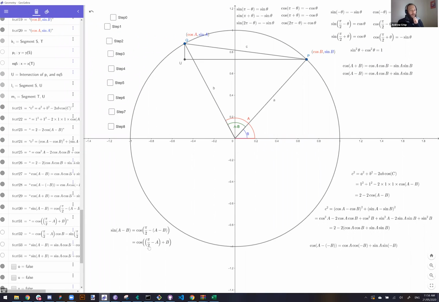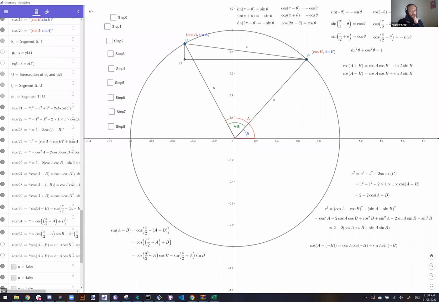Well, now blob 1 is a little bit more complicated, but the structure is going to be the same. So cos of something plus some other thing, we just run it through the algebra machine, and it says it's cos of the first thing times cos of the second thing minus sine of the first thing times sine of the second thing.